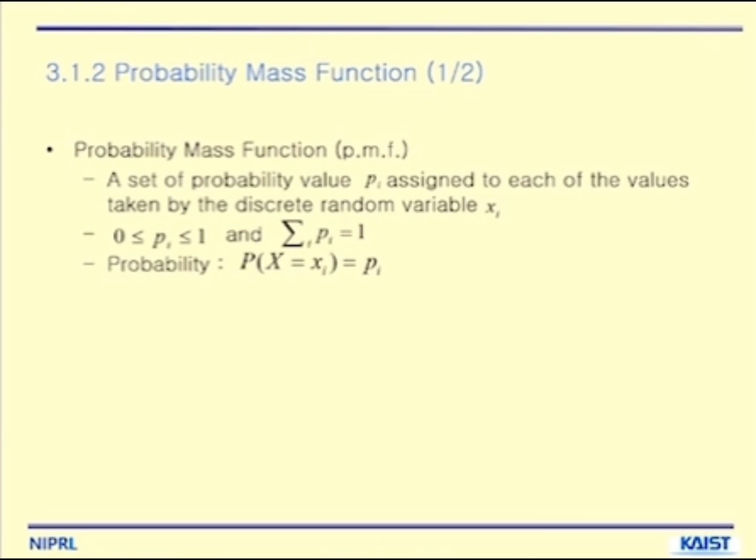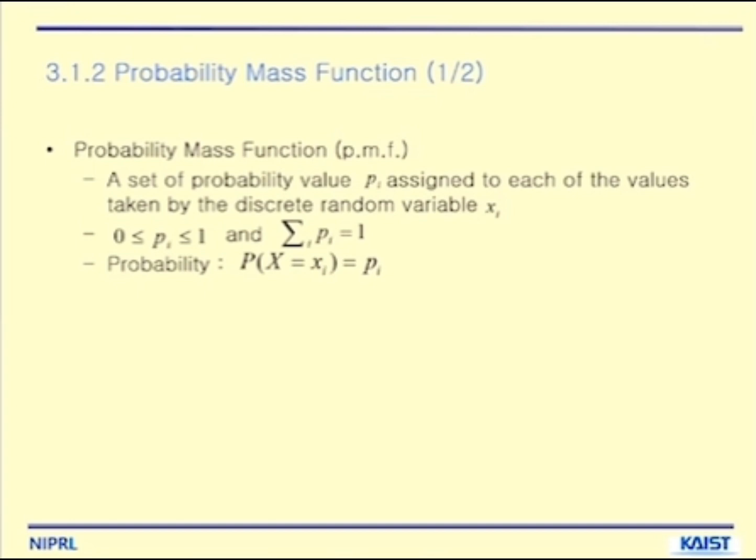It goes from 0 to 1. When I add all the probabilities of the events together, that should give me 1. That's what I mean by summation Pi equal to 1. Then I can now find the probability of an uppercase S equal to a lowercase s equal to Pi.